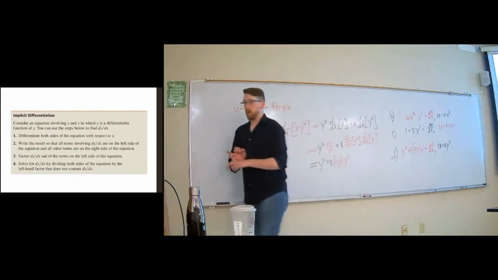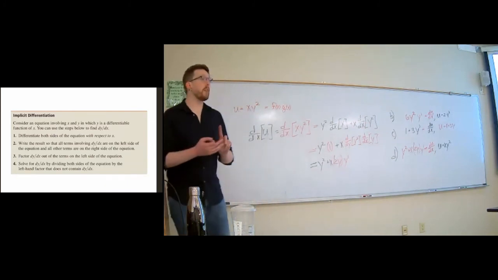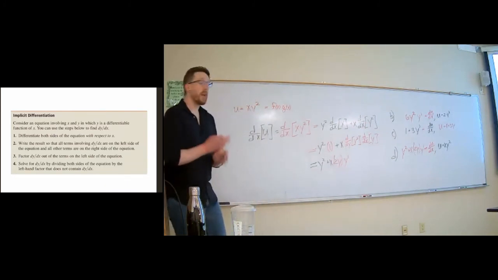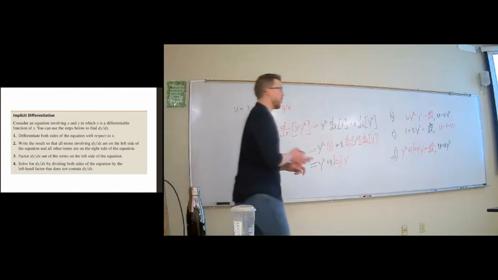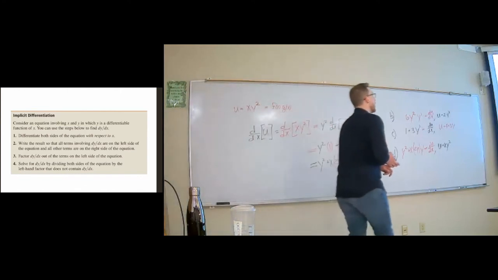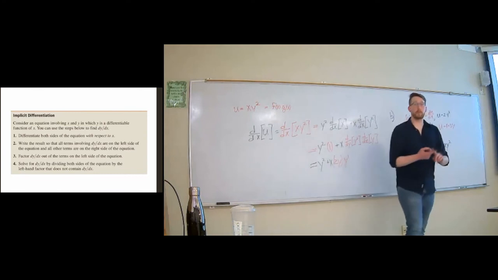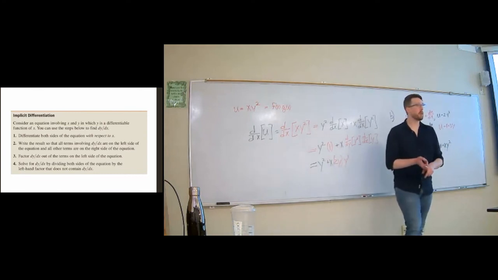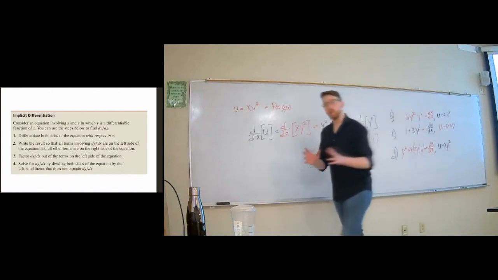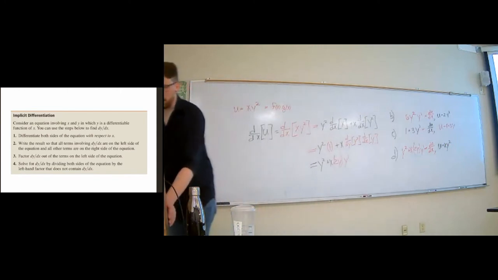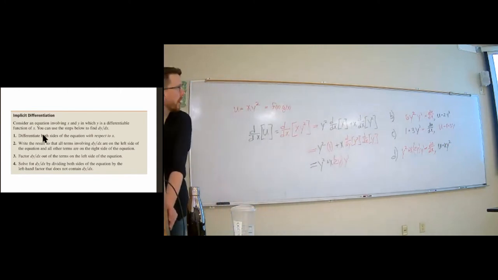Then figure out where you need to apply the chain rule and go ahead and write everything out in terms of the chain rule. Then differentiate with respect to x, and you're good to go. Is that cool with everyone? That's generally the way I would go about it. They have a slightly different set of instructions, a slightly different set of algorithmic approaches, but it's more or less the same idea.